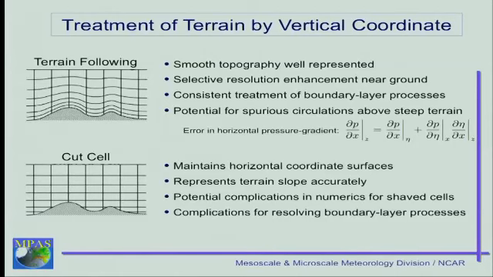This is also an issue, for example, in computing diffusion terms along a constant height surface, that's a more complicated process as well.